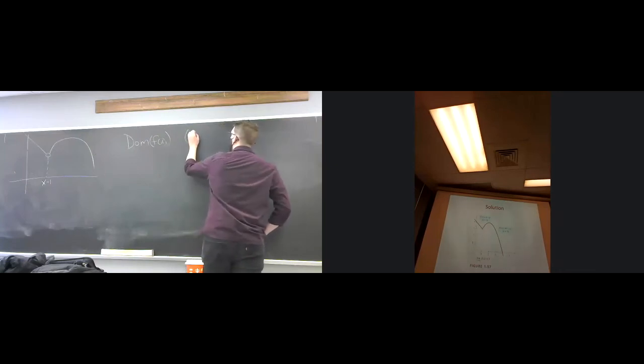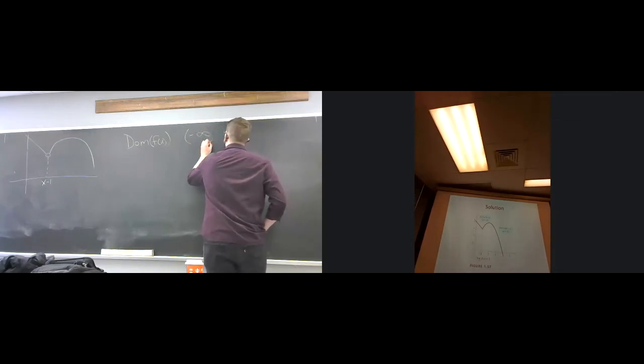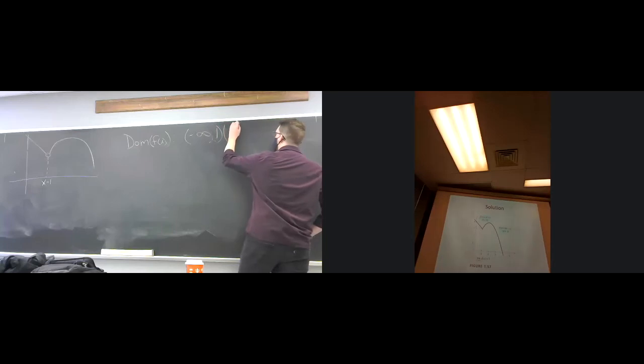Another way of saying that is, the domain of this function is negative infinity to 1 union with 1 to infinity, right? So 1's not in our domain, so our function can't take on that value. But if it could take on that value, what would our function be? Does that make sense?